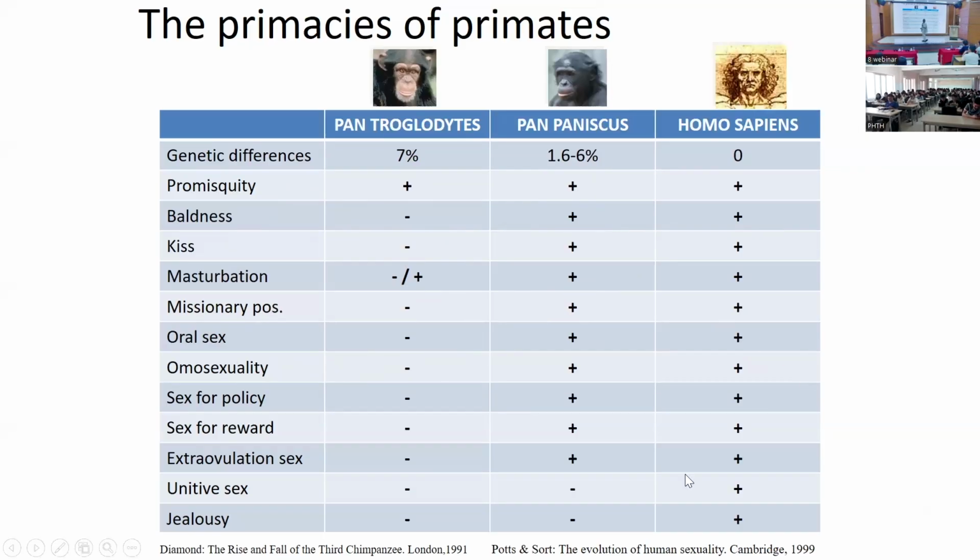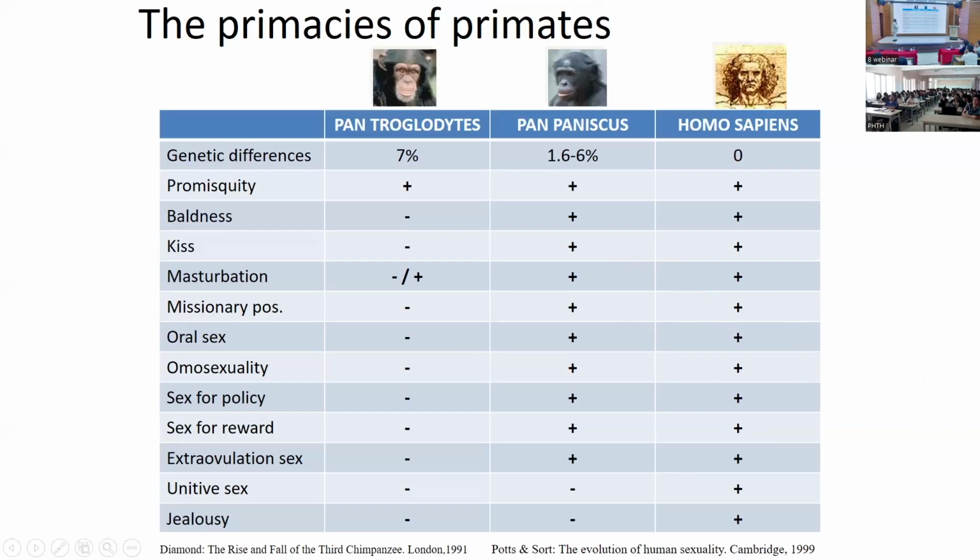As well, they are using the missionary position. You know what the missionary position is? Is face-to-face sexual intercourse. All the animals are doing sex into the posterior position, while bonobo and humans, they are doing the missionary position, same position, exactly the same.